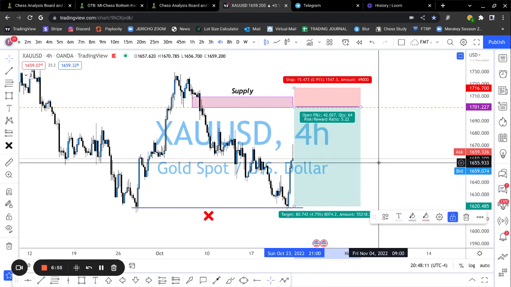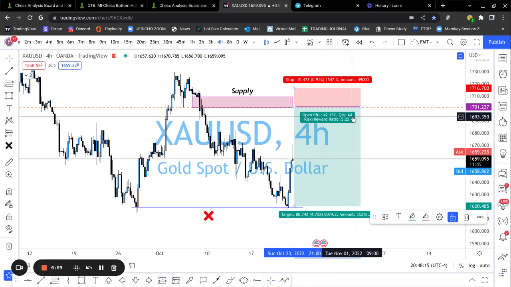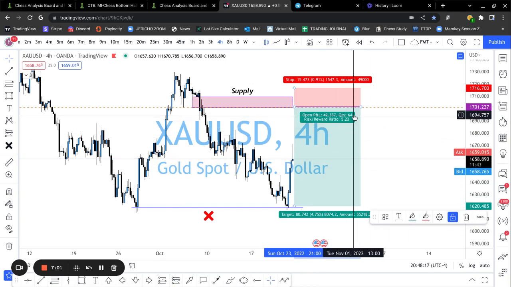Say you were doing the FTMO challenge, and it says quantity 64. That does not mean 64 lots. Remember, I mentioned the contract size is 100, so you have to take that 64 and divide it by 100. So to not risk more than 2% on this trade, you have to trade no more than 0.64, because 64 divided by 100 gives you 0.64.